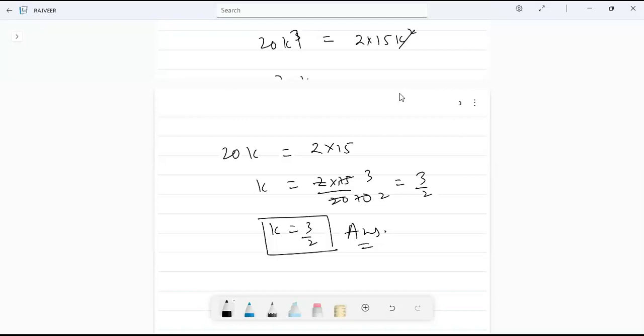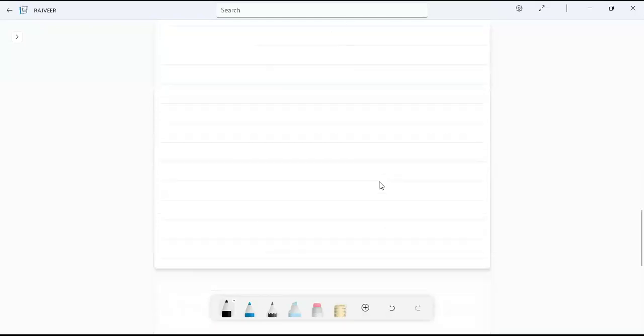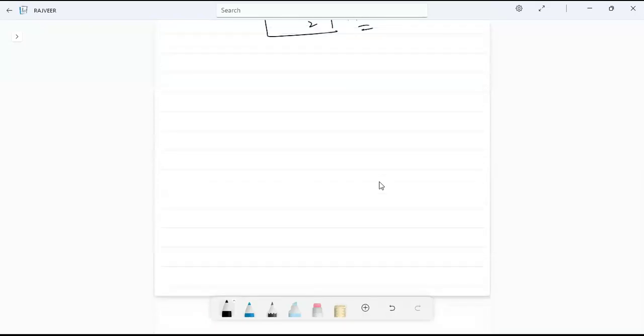Question number 16 is find the first 4 terms in ascending powers of x, 1 plus 2x to the power 7. First term is 1, 7c0.